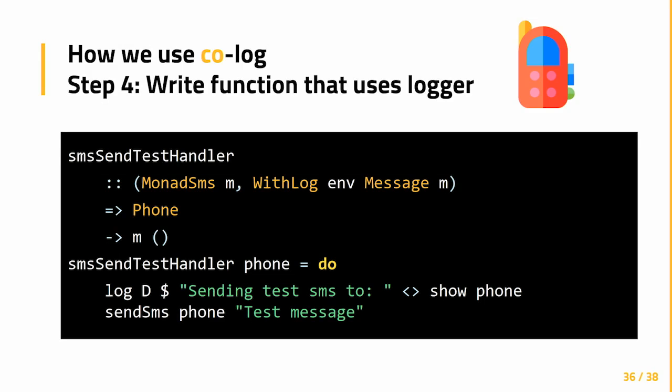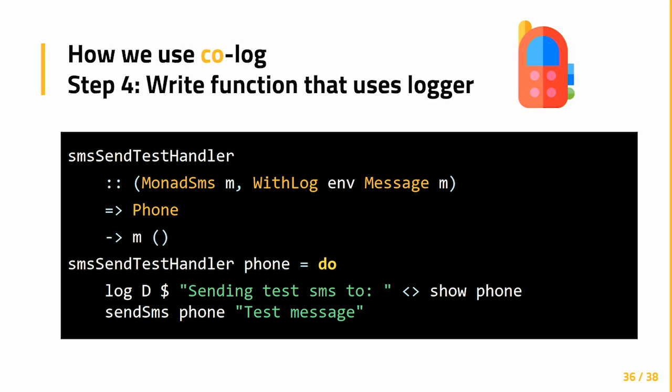And the next part is actually using the logging. So let's say we have some handler that sends SMS messages. But while we're developing, we want to log the message with the debug severity, what phone we are actually sending. This function takes a phone and returns nothing but in monadic context m, and it has two constraints.